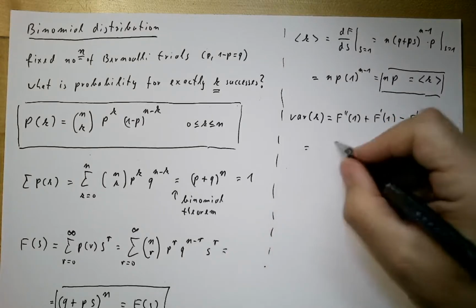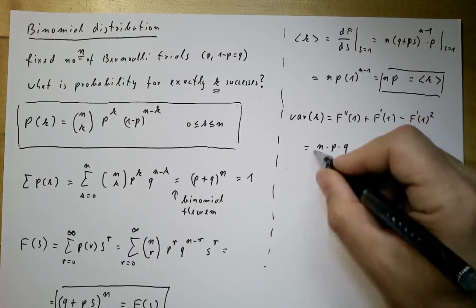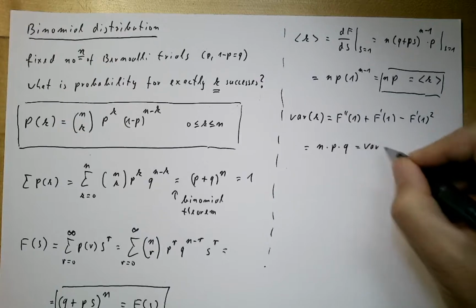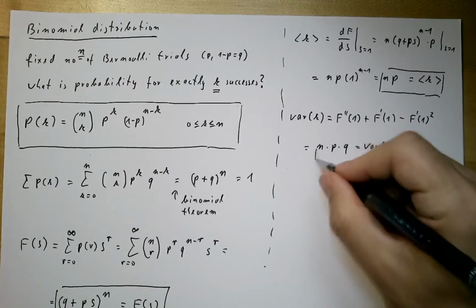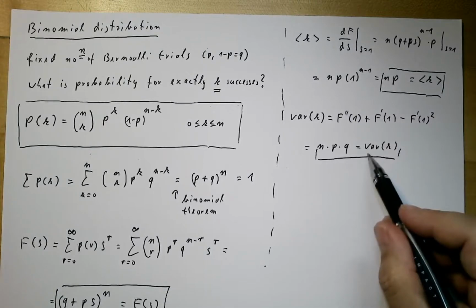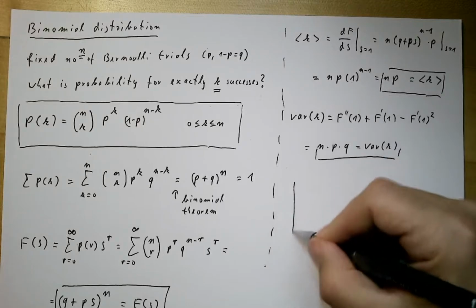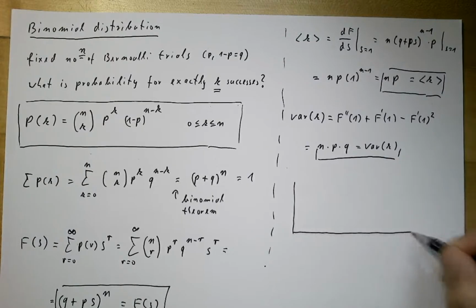You work this out and we get n times p times q. And so we obtain the variance and the expectation of the binomial distribution.